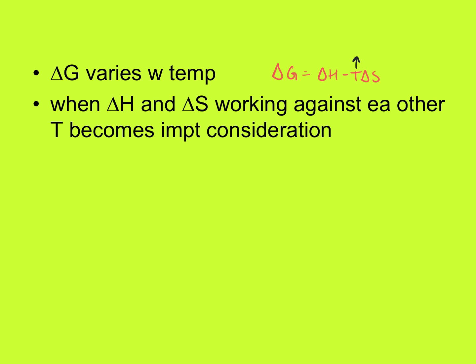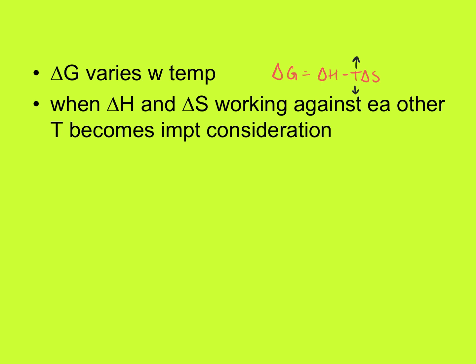But if you have a lower temperature, that's going to magnify the impact of delta H on delta G. So when delta H and delta S are working against each other, which we'll talk more about in class, that would mean that you have to consider temperature.